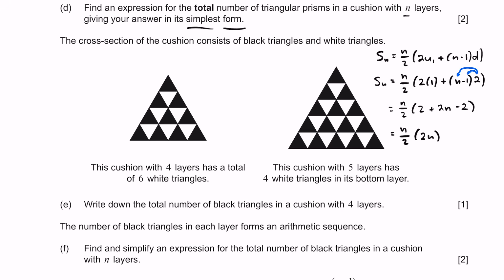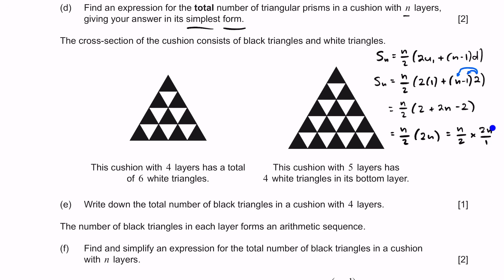All right, last one. This step right here to simplify: n over 2 times 2n. Let's rewrite this slightly. We can also write this as n over 2 times 2n over 1. On the top, we're going to multiply n times 2 times n.